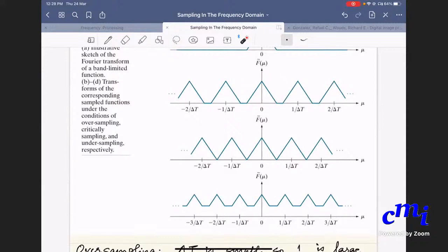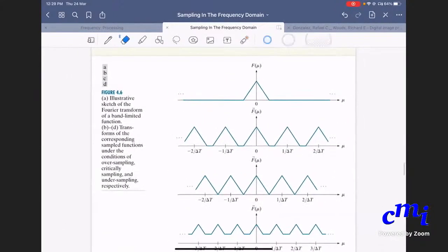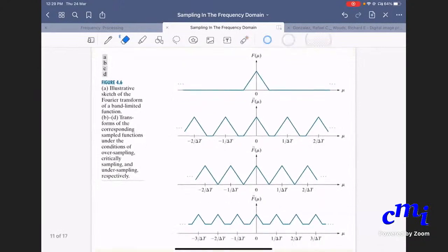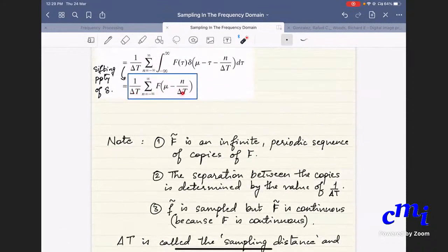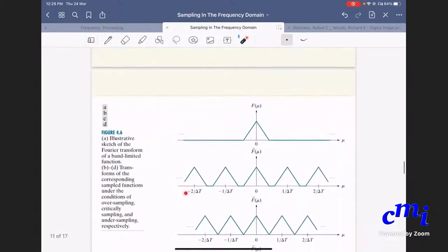Now, it turns out that depending on the sampling distance, it will be decided where these copies of f are placed in f tilde. In this illustrative example, suppose your function capital F looks like this. Because you're looking at an infinite sum like this, your f tilde will be this shape, depending on what your delta t was.